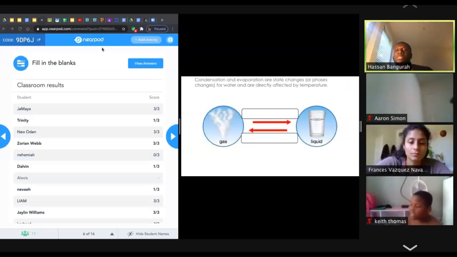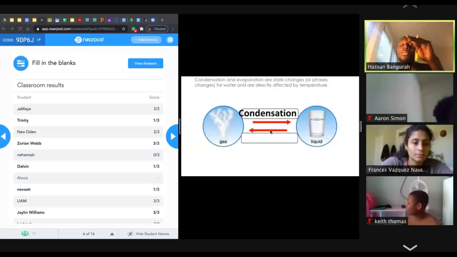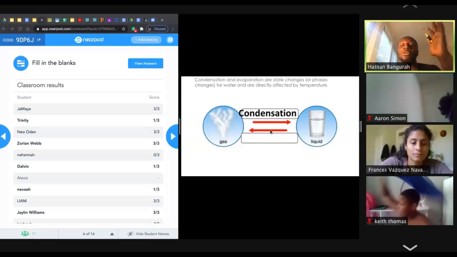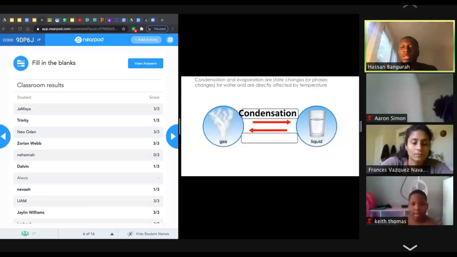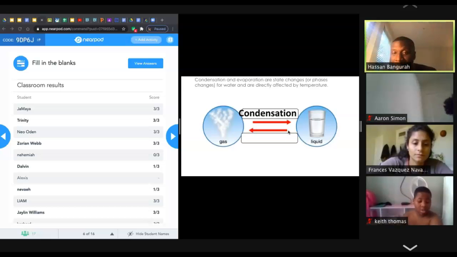And so now we're going to talk about what the first one is, condensation. An easy way to remember it is condensation goes from a gas to a liquid. Evaporation goes from a liquid to a gas.